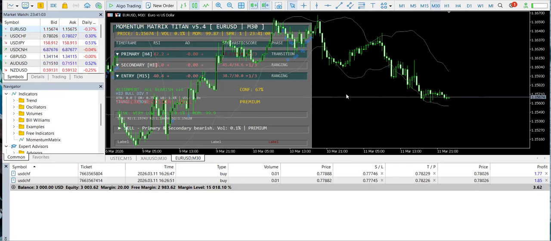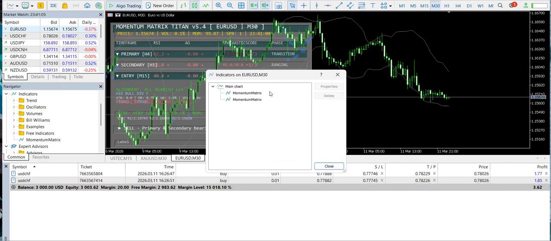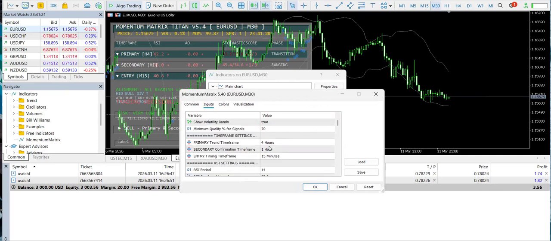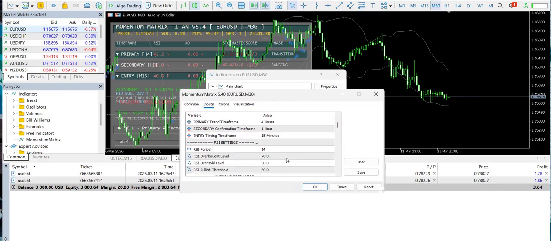So to do some settings, let's do this. You can try and change things. You leave buy arrow as true, show momentum, and everything. All these arrows are supposed to be there. You leave the primary trend time frame at 4-hour, entry at 15-minute, and secondary confirmation time frame at 1 hour.